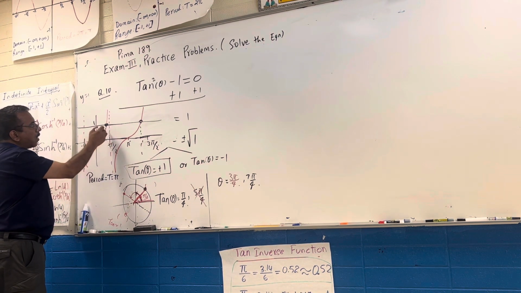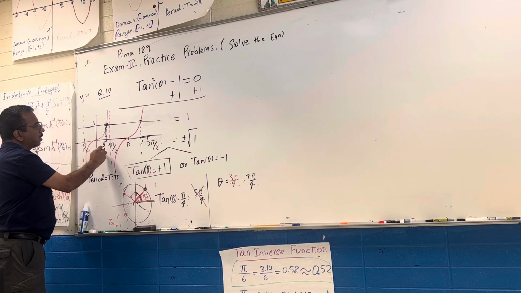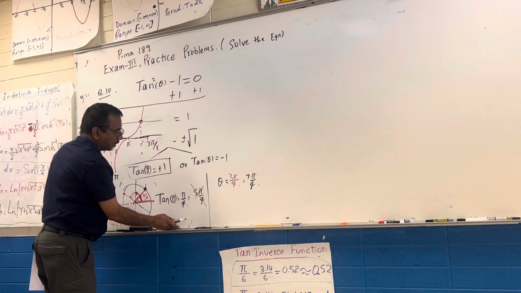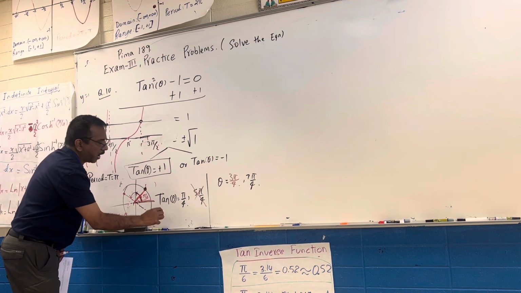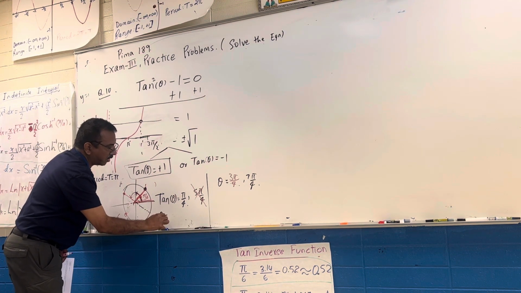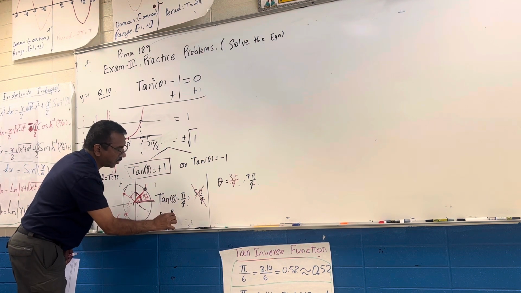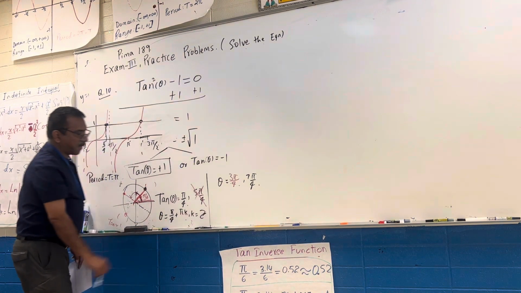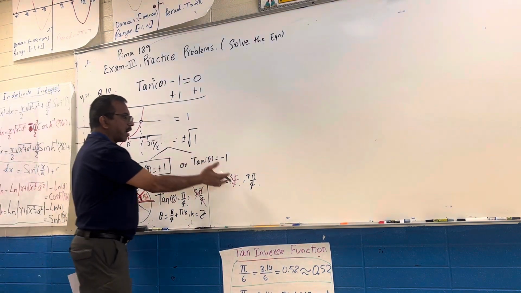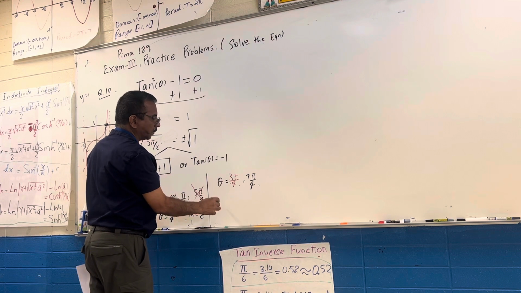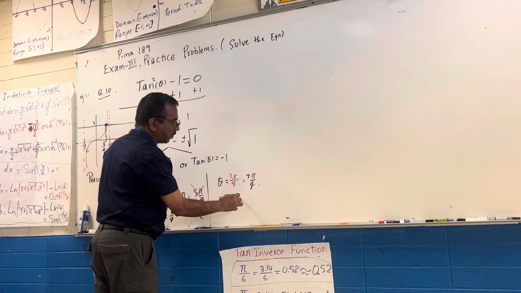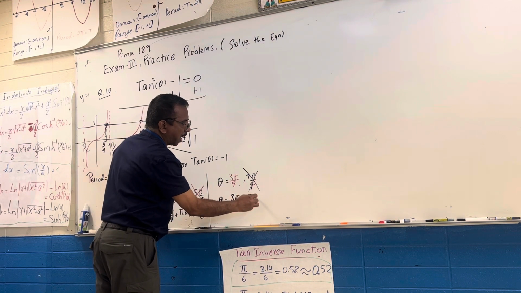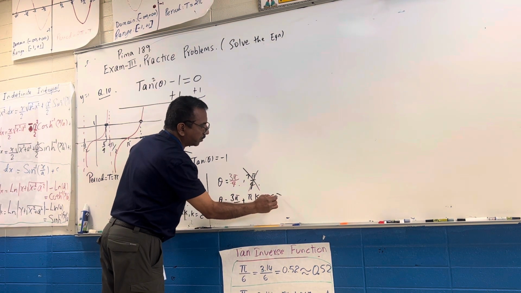So if you know one of them, that is pi by 4, you just add another pi, you get the next one. So that's why we say the general solution is theta is not just pi by 4, but pi by 4 plus pi k, where k is an integer. So that's all you do. The same thing, if you have 3 pi by 4, theta is 3 pi by 4 plus pi k, where k is an integer.